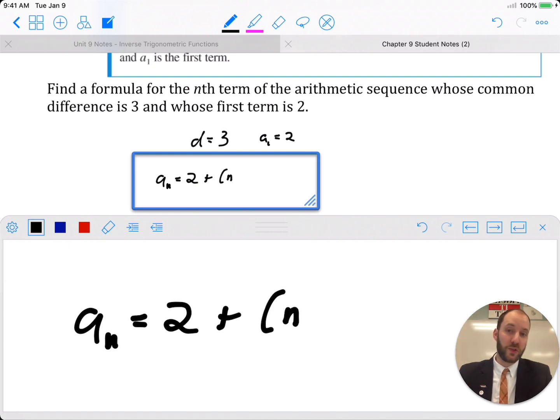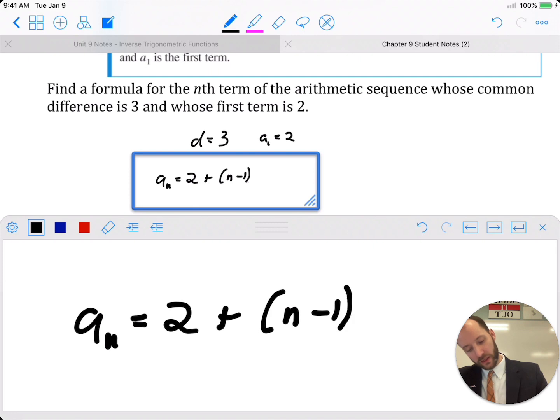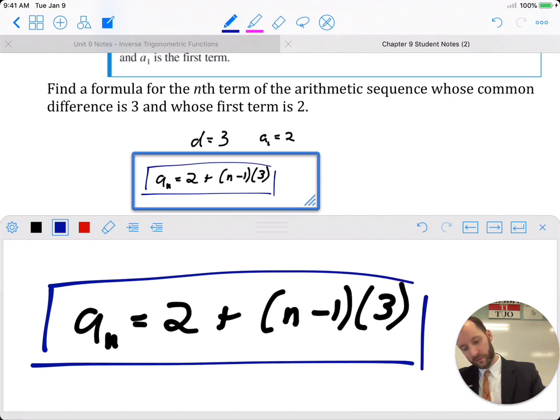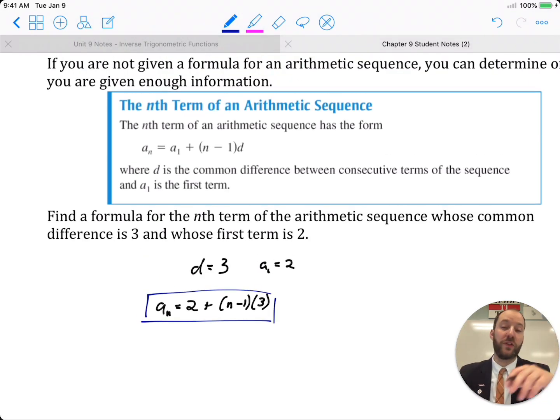First term 2, so a sub 1 is 2, plus n minus 1 times d, which is 3. Alright, so if you know or can find the common difference and the first term, you can create this explicit formula so you can find any term that you want.